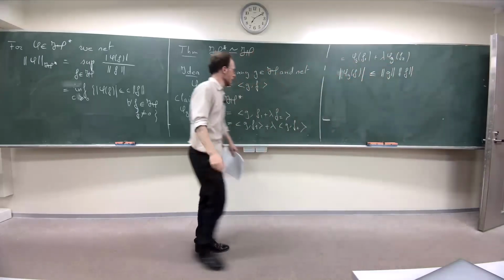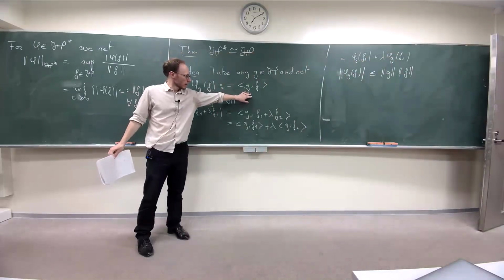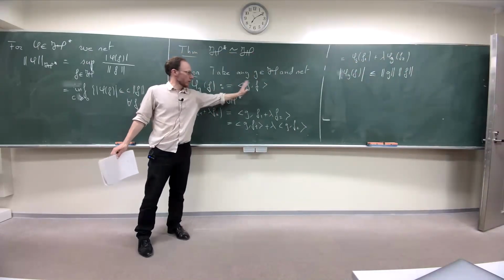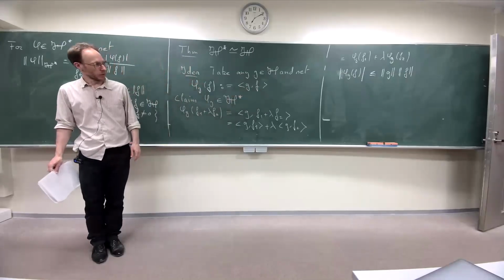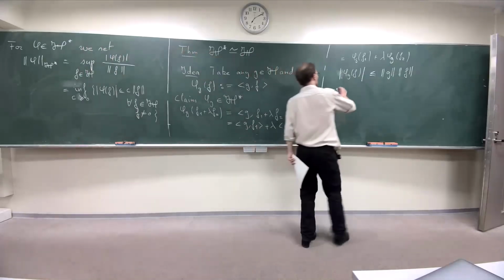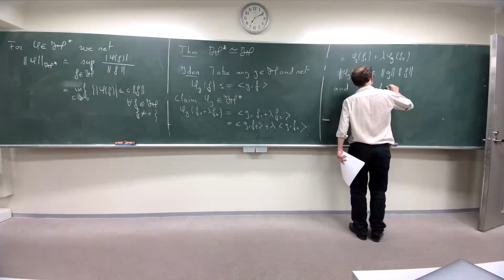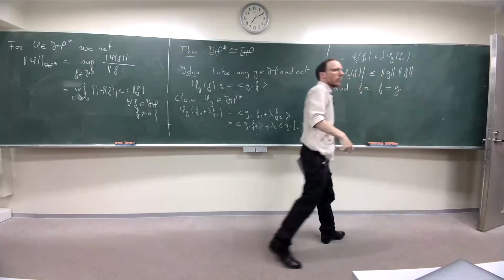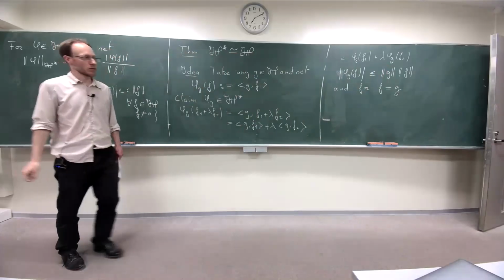Do you agree with this? We know this scalar product, if you take its modulus, it's smaller than the norm of G times the norm of F. But now, if I take F equal to G, I'm allowed. G is an element of the Hilbert space, so I can just take F equal to this one.